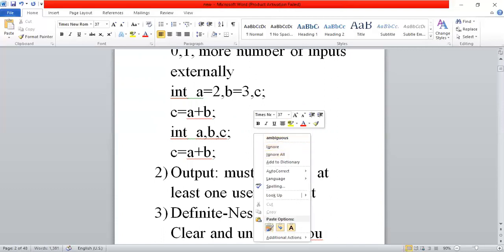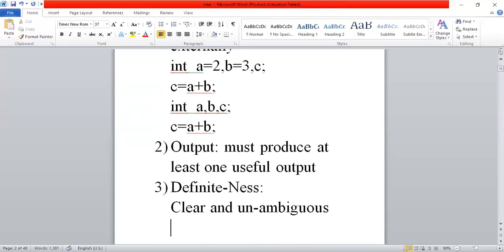What do you mean by ambiguity? Confusion. Suppose your statement contains more than one meaning. Then the compiler is confused about which meaning is suitable for your problem. So sometimes the system is stuck.